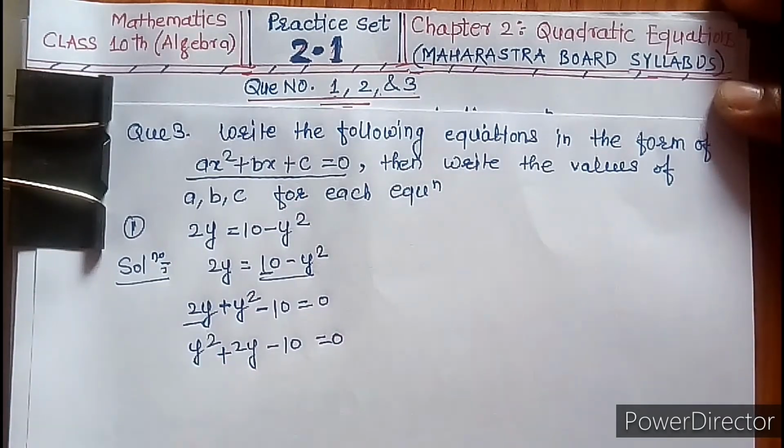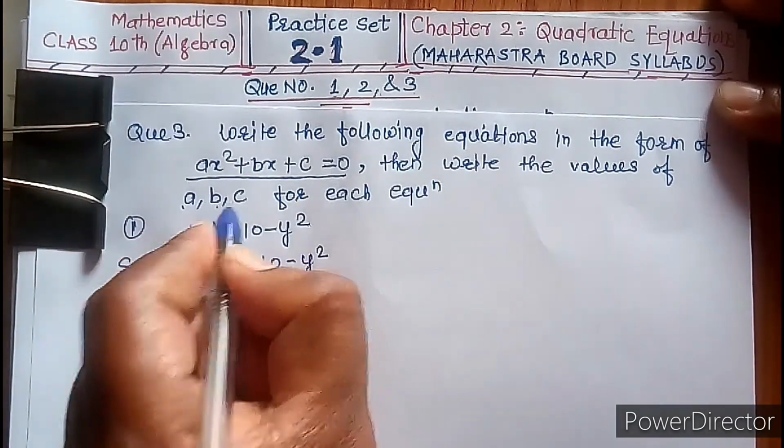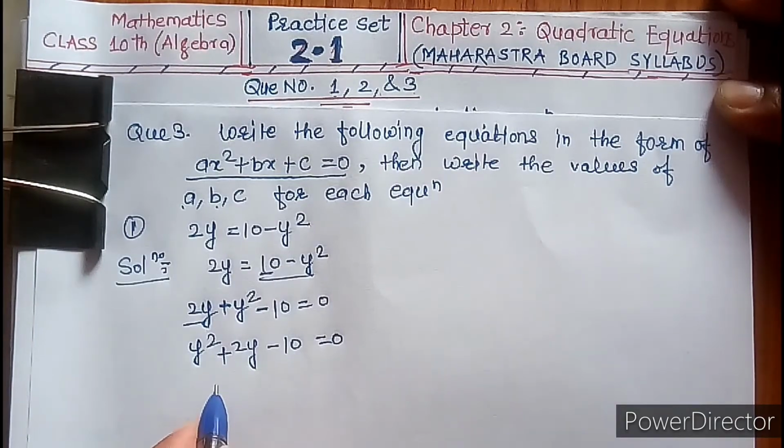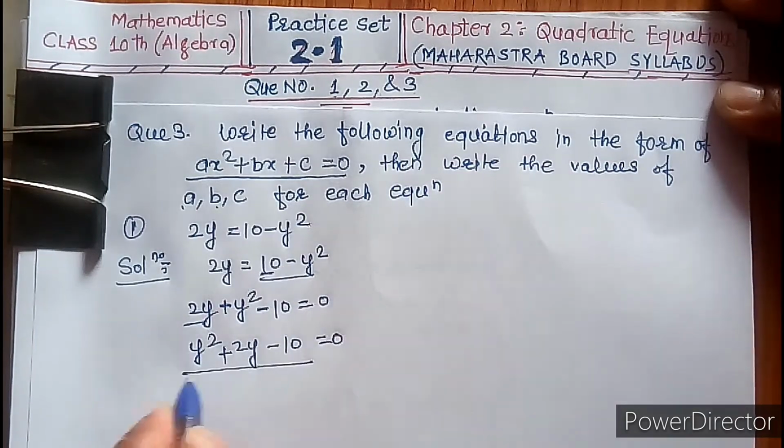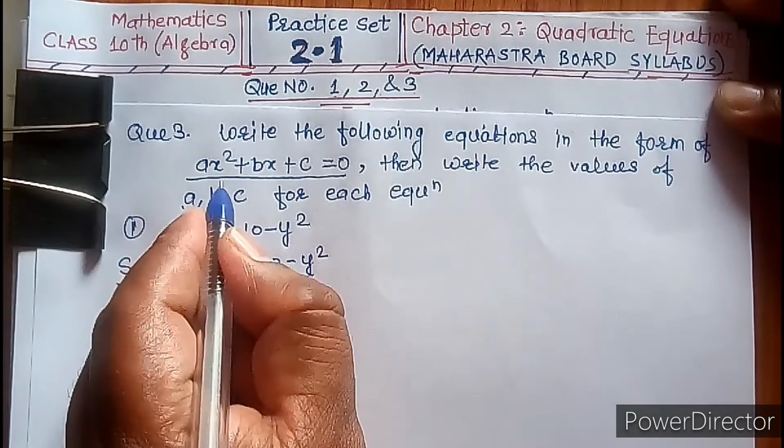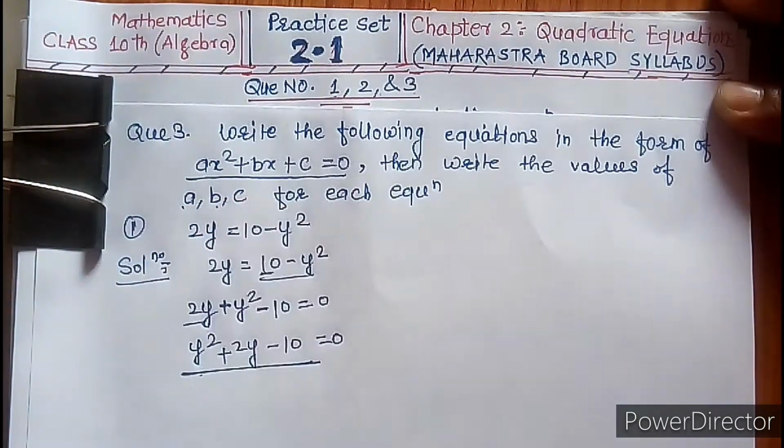Now we have to find the values of a, b and c. For finding the values of a, b, c, we have to compare this equation with the standard form, that is ax square plus bx plus c equals to 0.